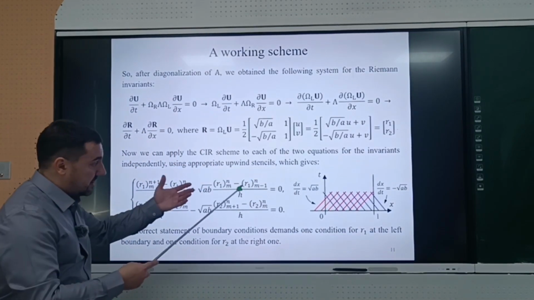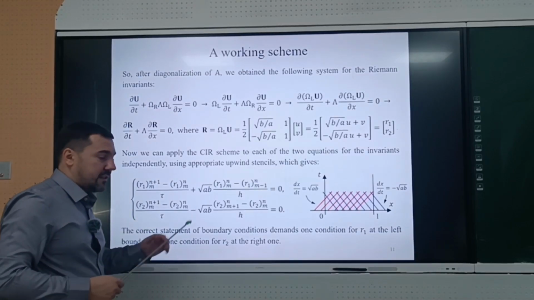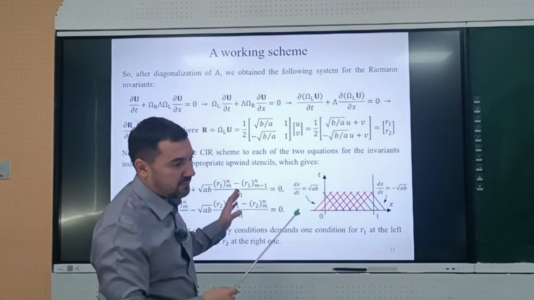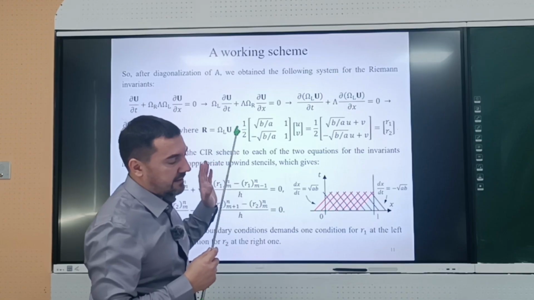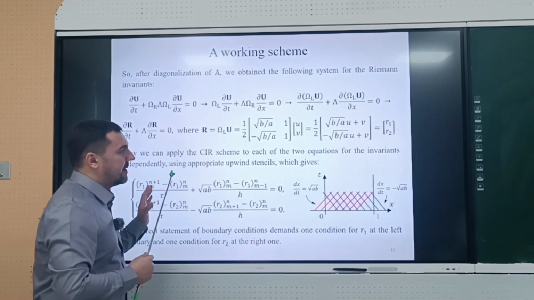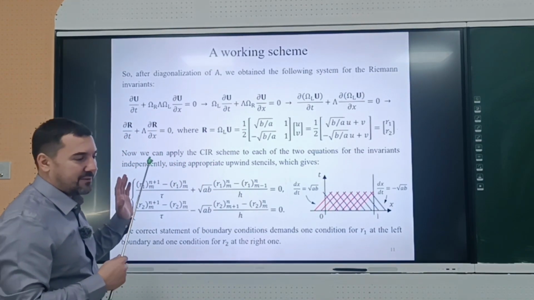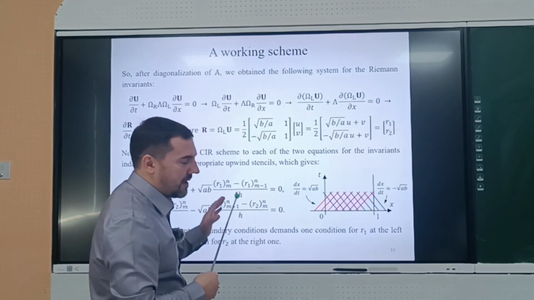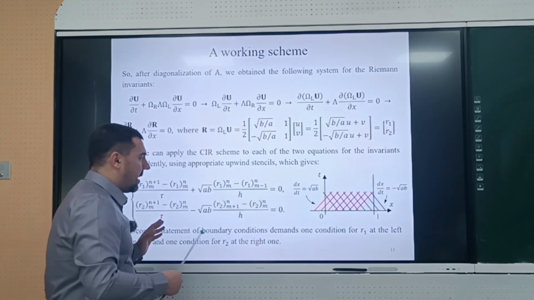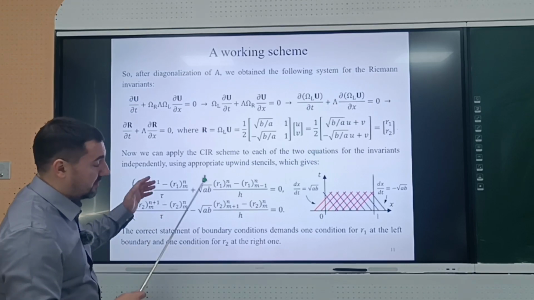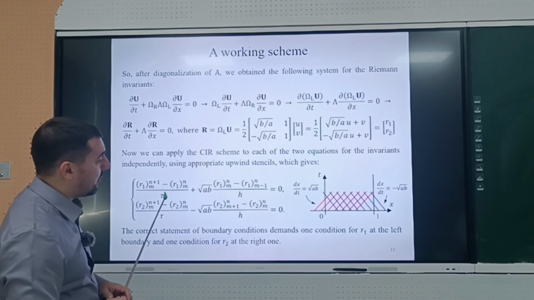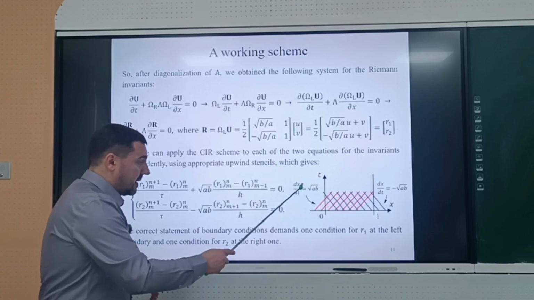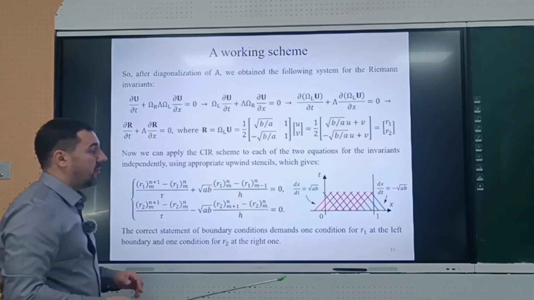That is why this very simple example demonstrates a lot of concepts. So why do we need Riemann invariants? Generally speaking, we can build bad, naive numerical methods if we don't take into account the structure of our problem. And also, very important, the correct statement of the problem.